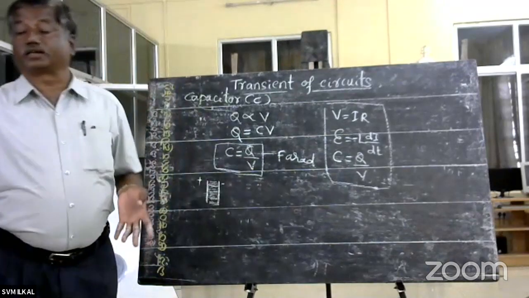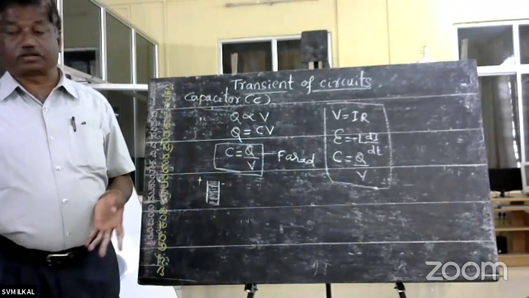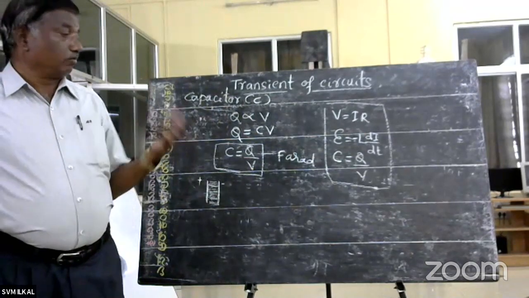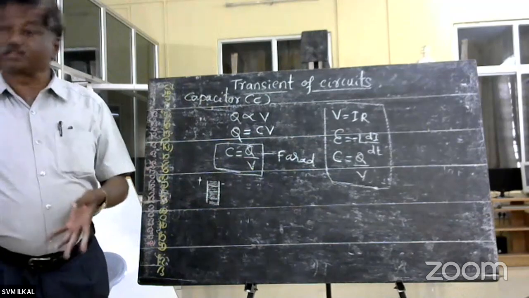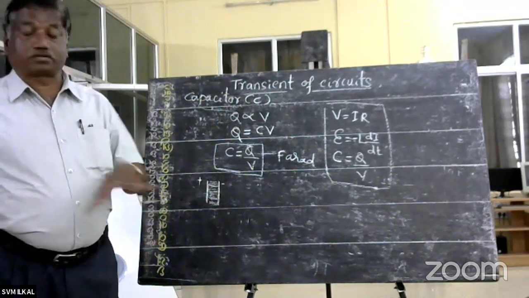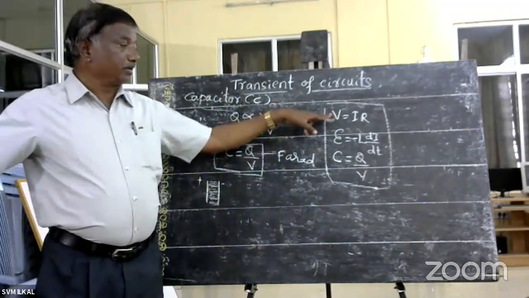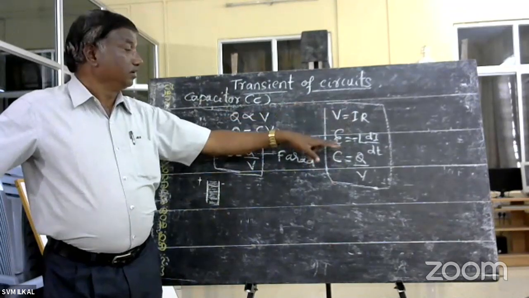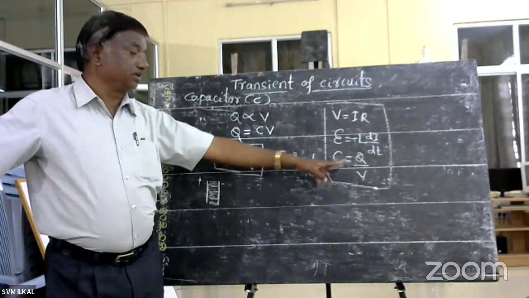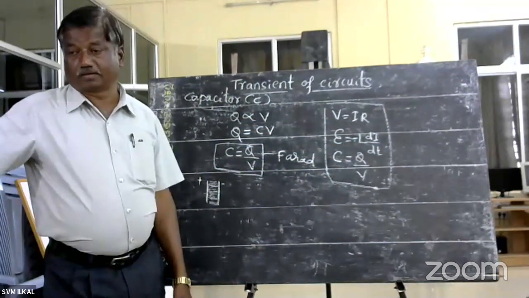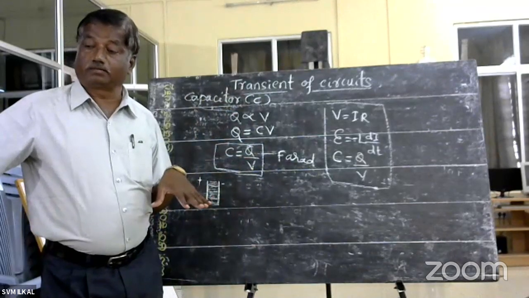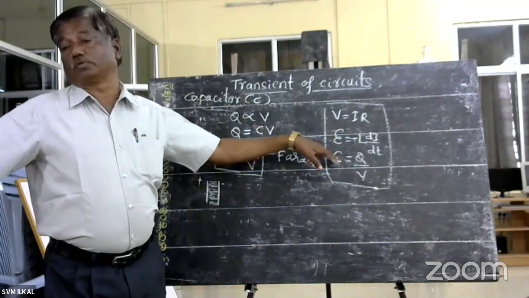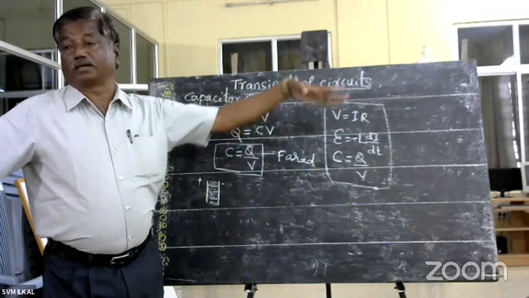Whenever you are going to find the current in the circuit, the voltage across it, the charge in the capacitor, the capacity of the capacitor, or the EMF induced in a coil present in the circuit, all three equations are very important. Ohm's law is V equal to IR, epsilon equal to minus L di by dt, C equal to Q by V. As these three elements are very important in electronic and electrical circuits, their equations are also very important to study the RLC circuit.